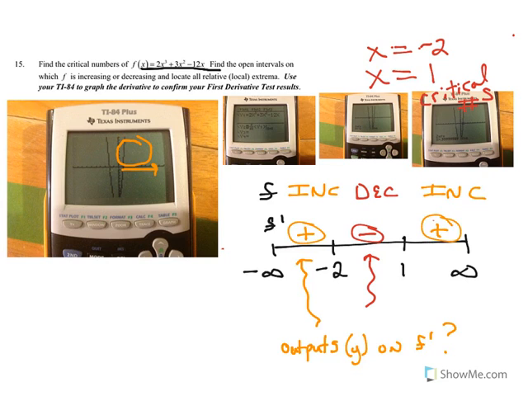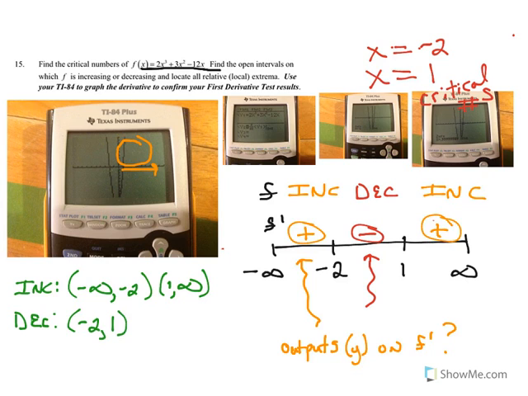And then again, to put that final answer into interval notation, we can say it was increasing on the interval from negative infinity to negative 2, and also on the interval from 1 to infinity, and it was decreasing on the interval from negative 2 to 1.